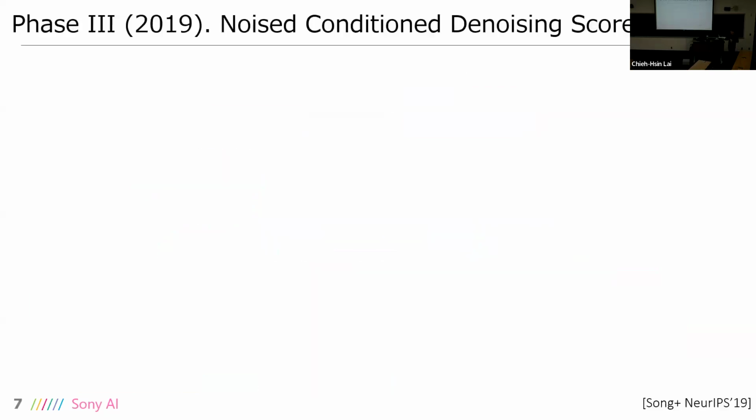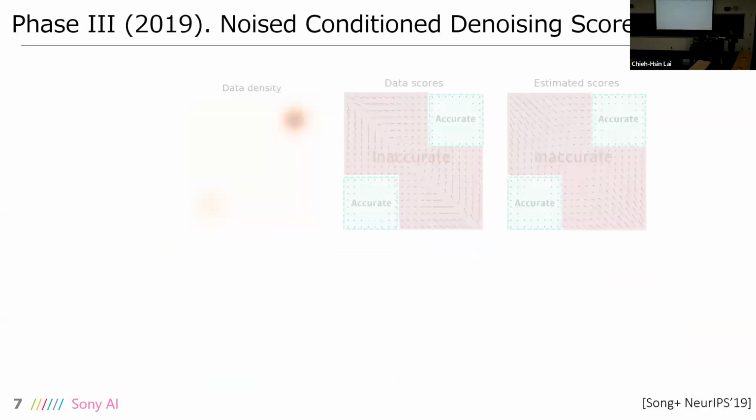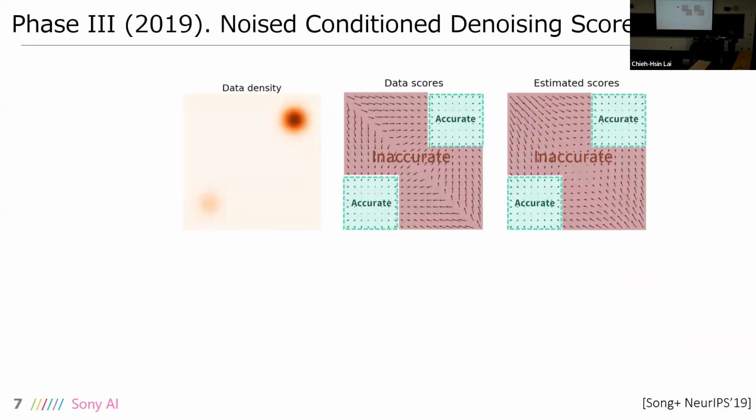However, there is still some problem. In real data, the data itself may have different modes, and it contains high density regions with some low density parts. So if we just naively use denoising score matching, in practice the approximation of the score function in the low density region will be super inaccurate.